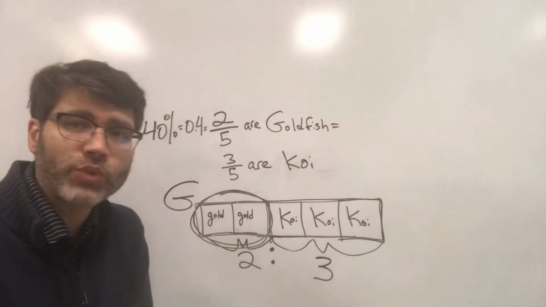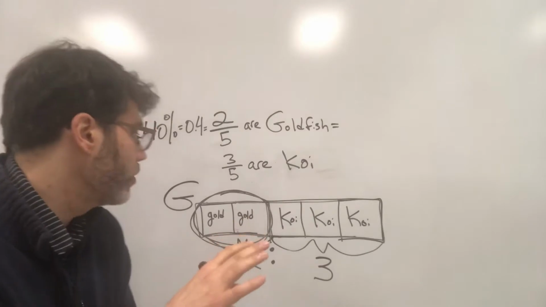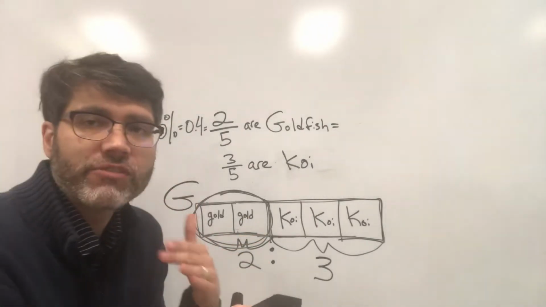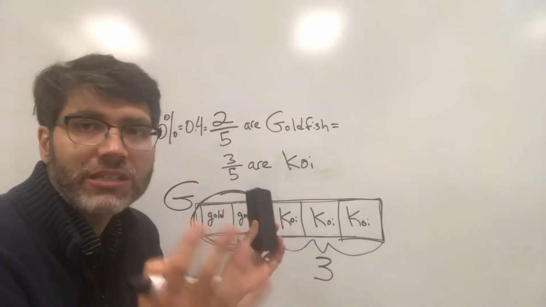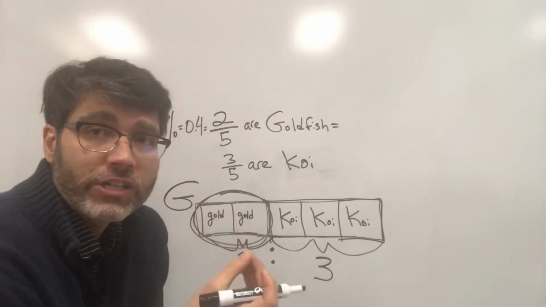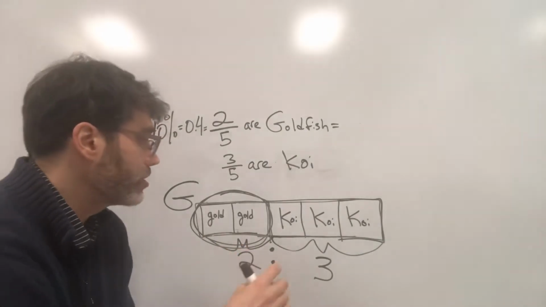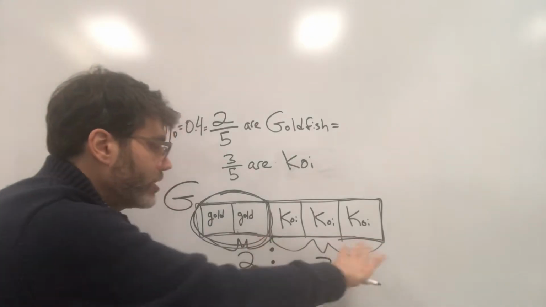We don't know the actual quantities of fish, and we'll never know because we weren't given enough information to figure out, like, that there are 24 goldfish and 65 koi. All we know are these relative ratios. We know there are going to be 3 koi sections compared to 2.